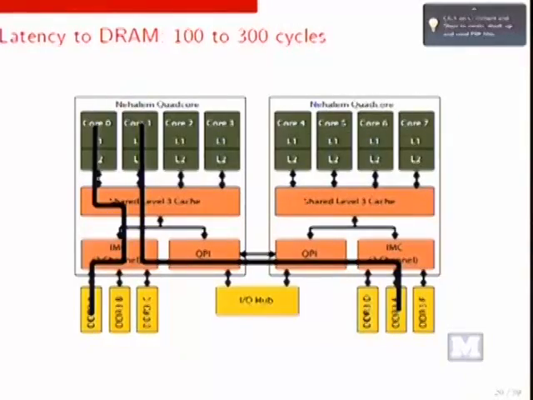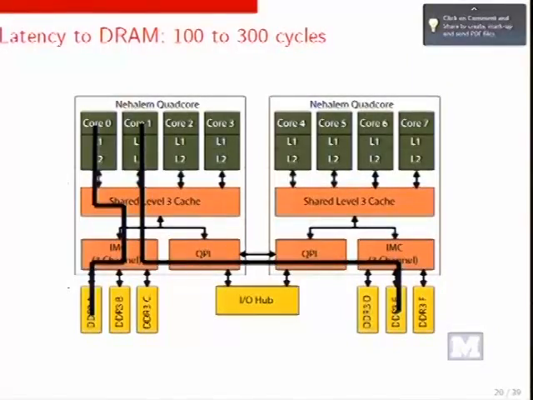What does it mean? If you do some arithmetic operation on a processor, it typically takes 1 cycle. For example, if you move data from one register to another register, it takes 1 cycle. If you take 2 registers and you add them together, it may take 4 cycles. Right? So it's all of the order of 1 or 2 cycles.